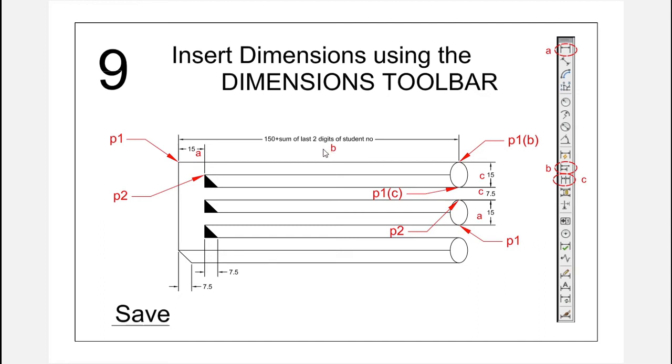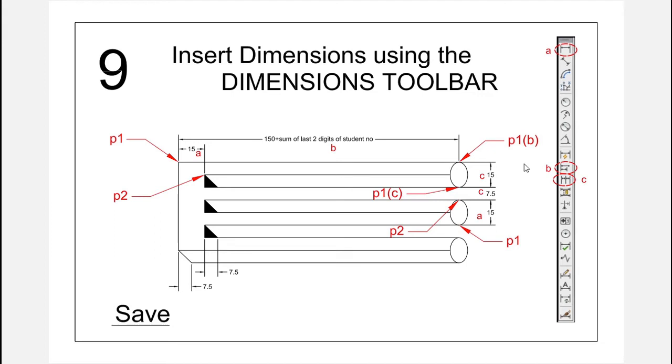If you did this wrongly, and you selected this first and then the second, it would start at this line. So it's important that you start here, second point. When you click this, your baseline dimension would automatically be at the top.